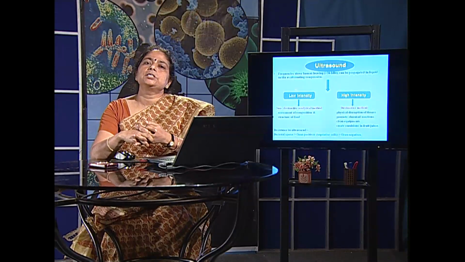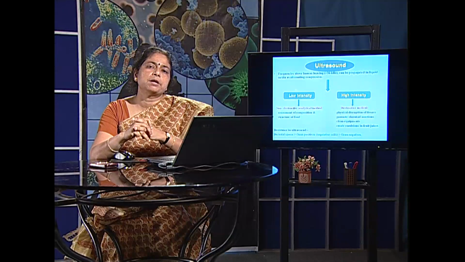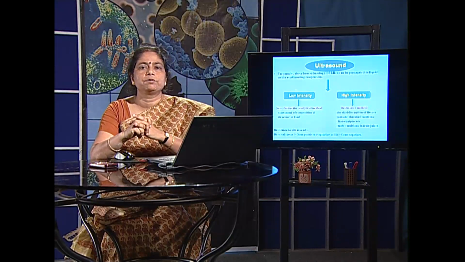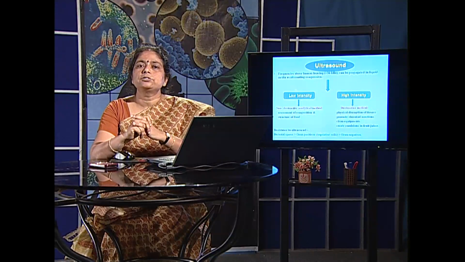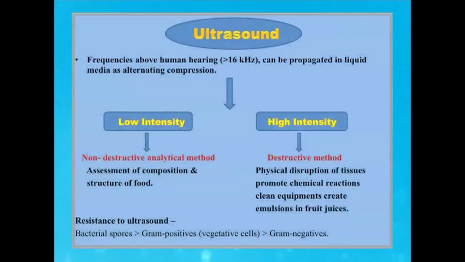After pascalization, let us now consider another physical method of food processing and preservation, and that is ultrasound. The ultrasound takes into consideration the range of frequencies which are above the human hearing, that is 16 kilohertz, and they can be propagated in liquid media as an alternating compression.